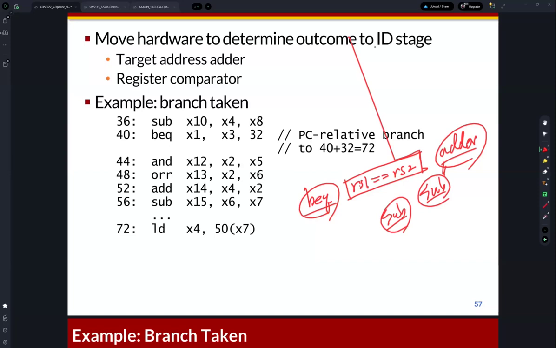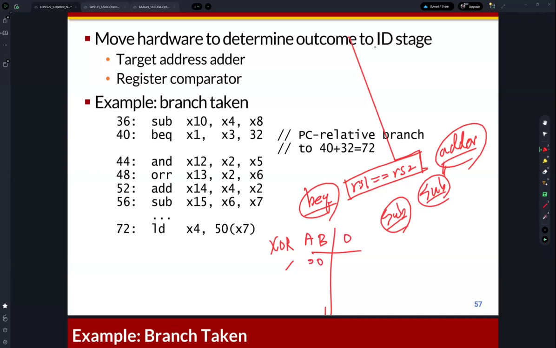But actually, if we just want to check the equality of two bits, then we can use the exclusive OR gate.